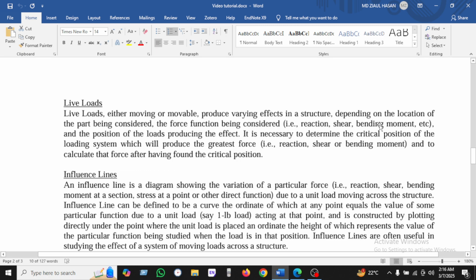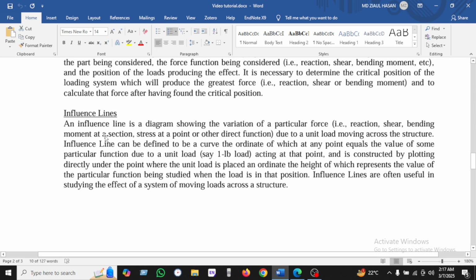It could be shear, it could be moment, and the portion of the load producing the effect. So it is necessary to determine the critical position of the loading system which produces the largest force, such as reaction, shear, bending moment, and to calculate that force after having found the critical condition.